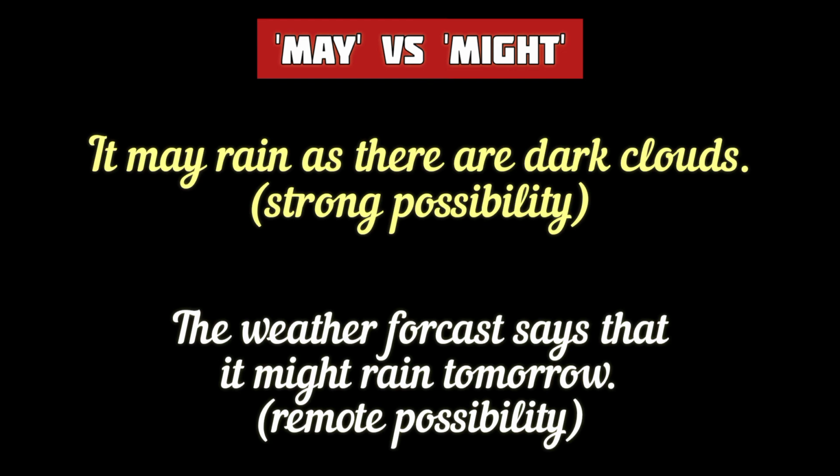So the modal may suggests a strong possibility of rainfall in this sentence. On the other hand, in the second example, the weather forecast says that it might rain tomorrow. The modal might indicates a less or remote possibility of rain tomorrow. So that's the difference between may and might.